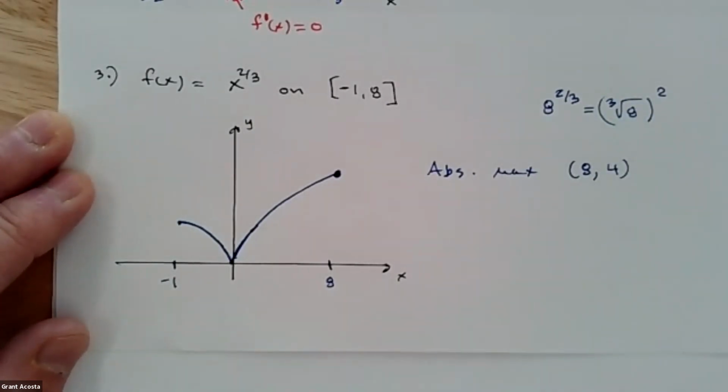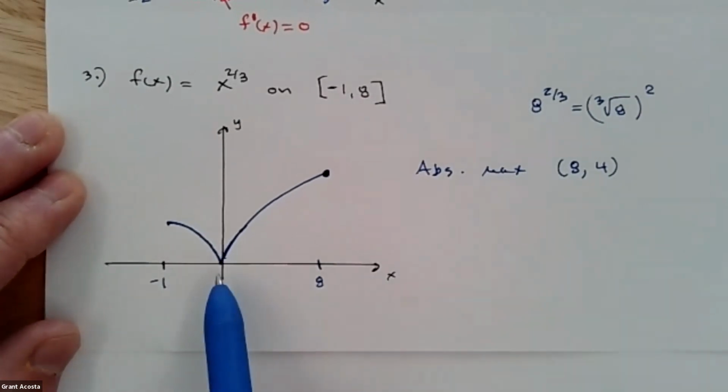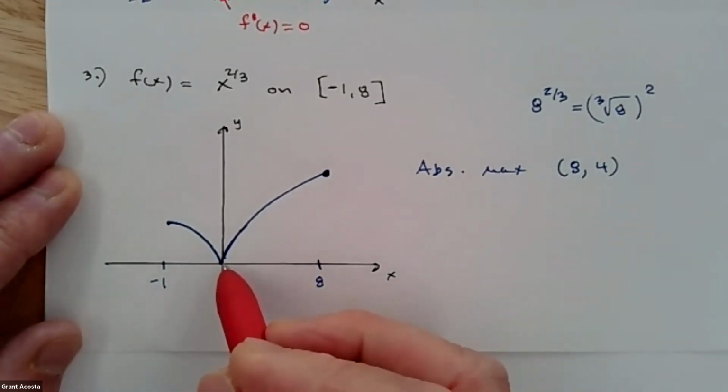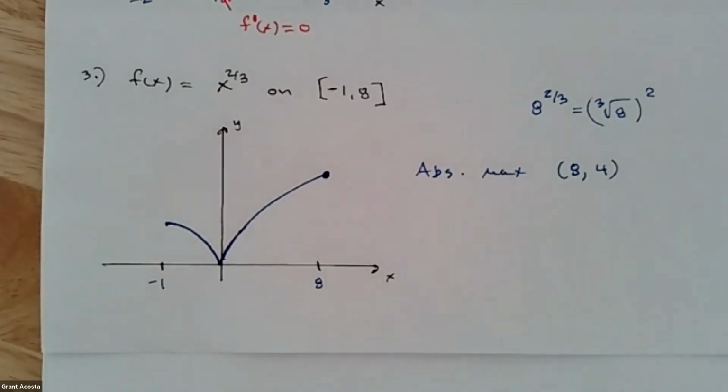And my absolute min this time happens clearly right here. But in terms of derivatives, the slope of the tangent line does not equal 0 there. That's a sharp corner. And I'm guessing early on in this chapter 3, when you started talking about the derivative, you talked about the idea of a function not being differentiable.